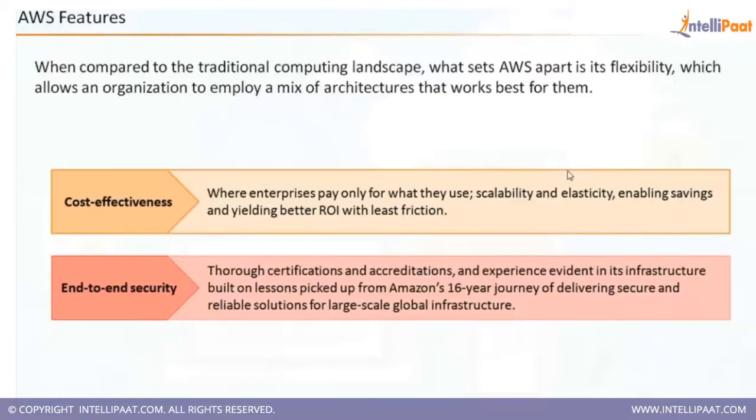You can use a two-way authentication method. You can use firewall. You can use SSL certificates. You can use virtual private cloud. So there are a lot of security levels you can use according to your need. AWS comes with a lot of stages where you can provide different securities.